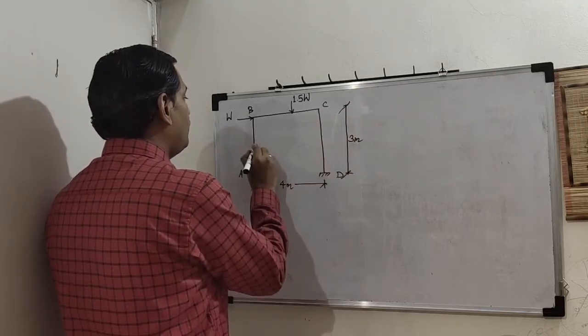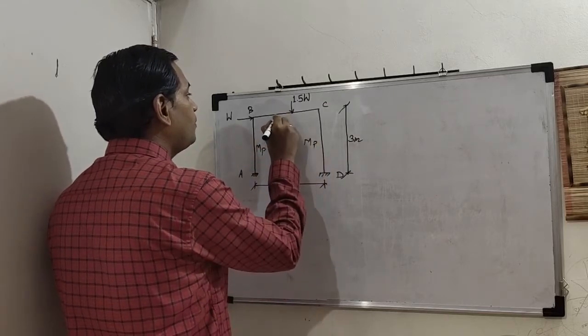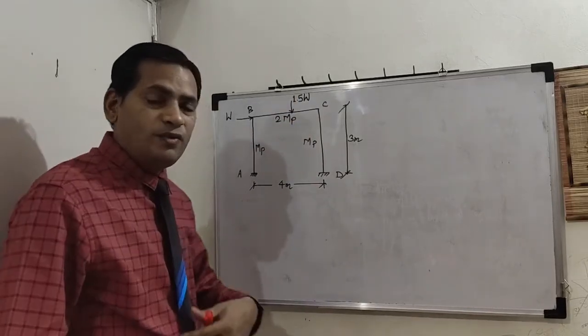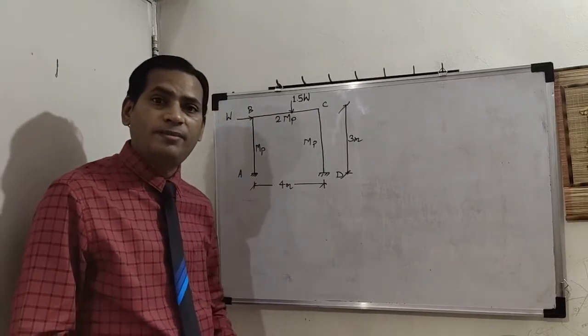One more thing, we will assume MP of columns as 1 MP and that of beam we shall assume as 2 MP. Okay, and here we have to find collapse load W for the frame.